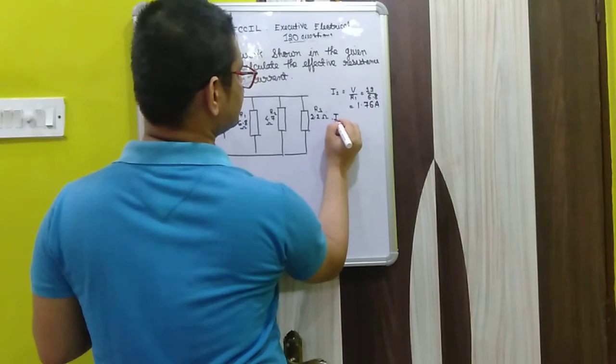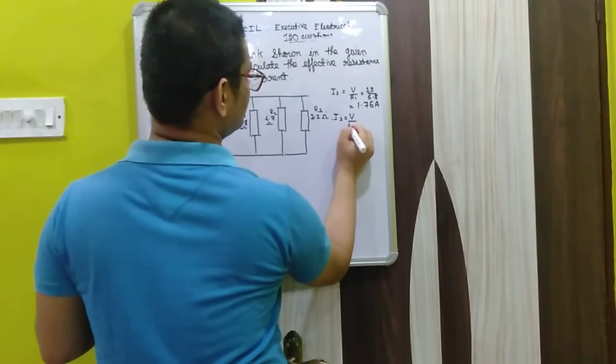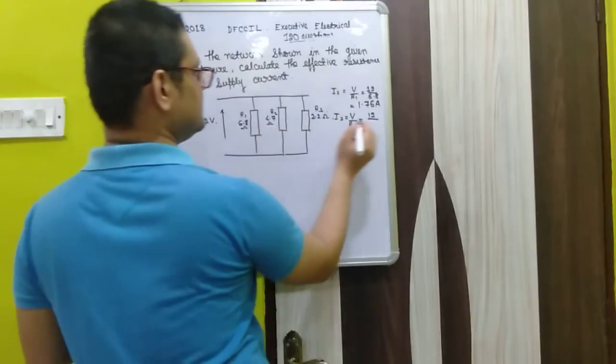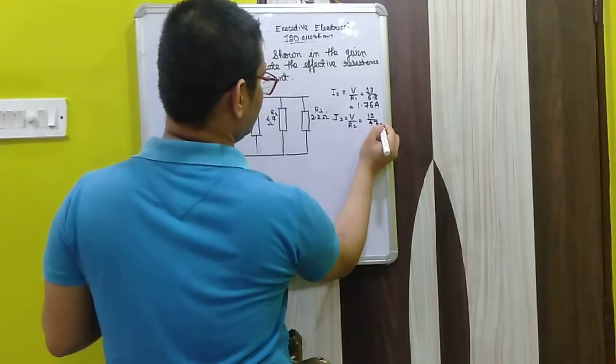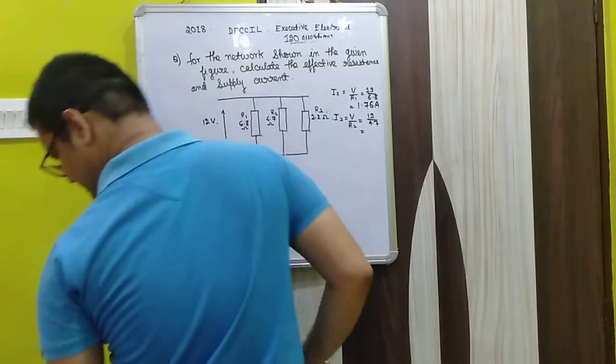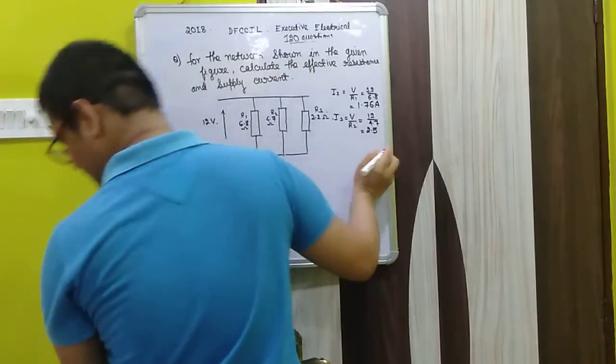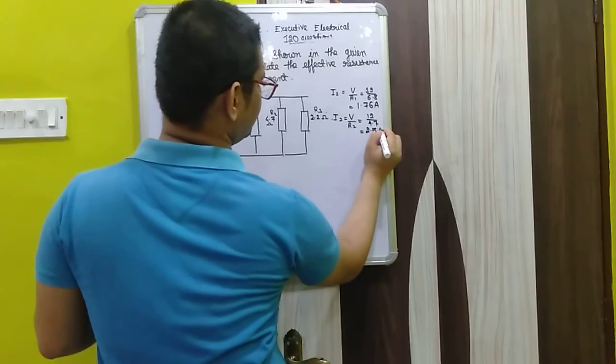Now in the second case we do V by R2, that is 12 divided by 4.7 ohm, and if we divide these two values, it will be 2.55 ampere.